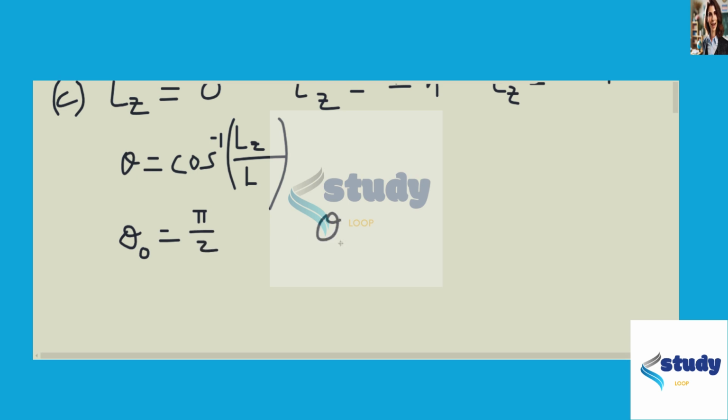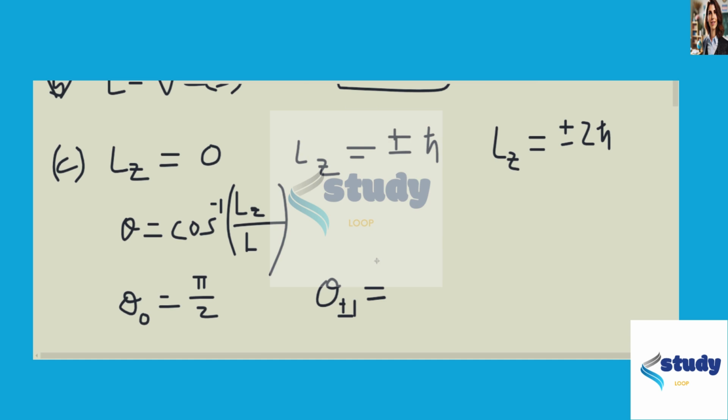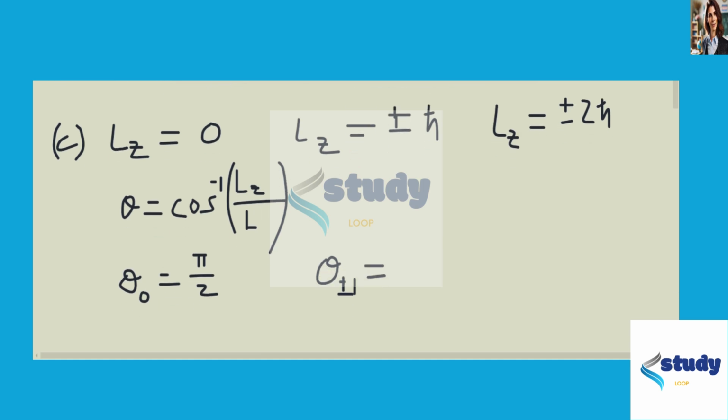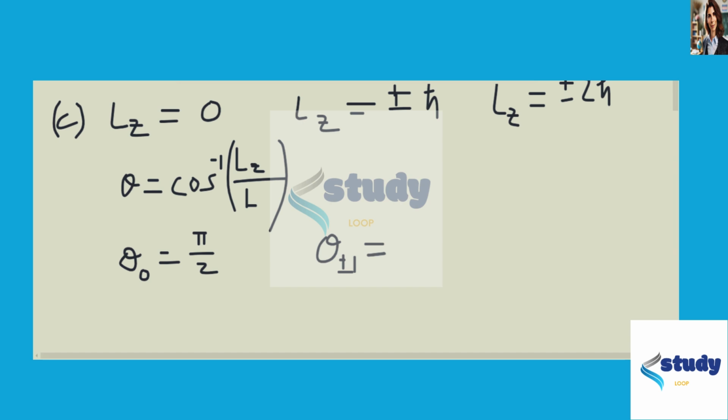How about theta coming from L sub z equal to plus or minus 1? To do plus or minus 1, we simply plug in 1 or minus 1 for L sub z, so we had plus or minus h bar there. So when it's positive, you get 65.9 degrees. And when negative, you get 104 degrees.